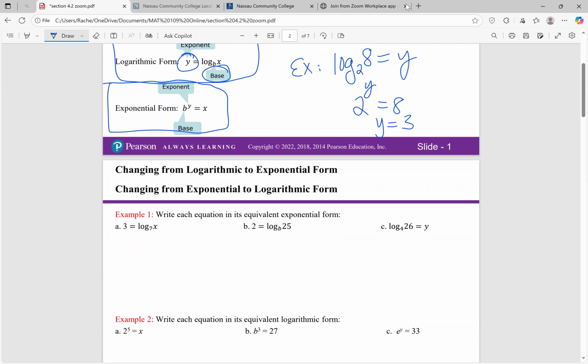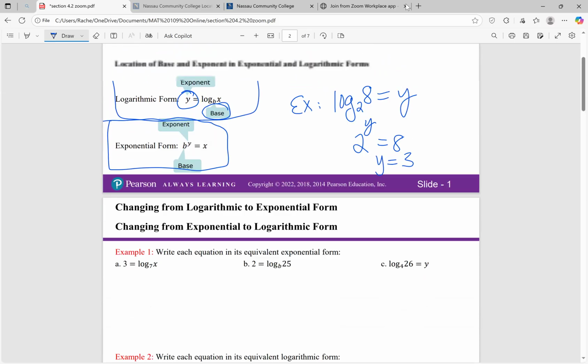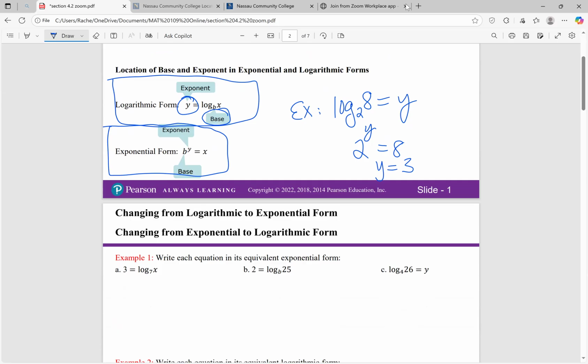So let's practice changing from logarithmic to exponential form and exponential to logarithmic form. In example 1, I want to write each equation in its equivalent exponential form. I'm going to write it again up here, just so we have it in front of us.